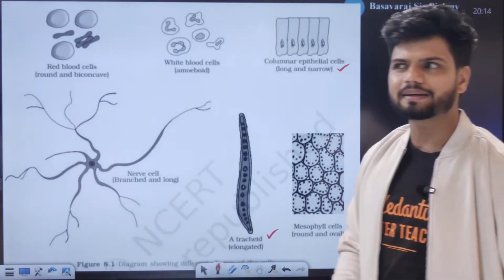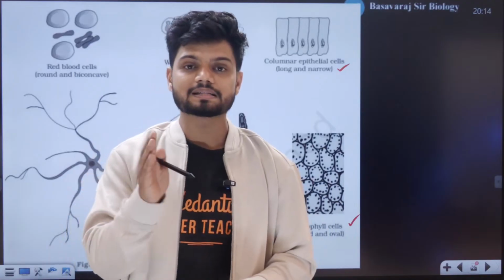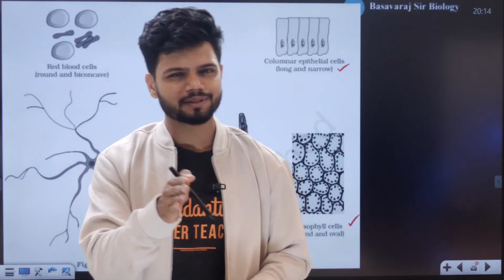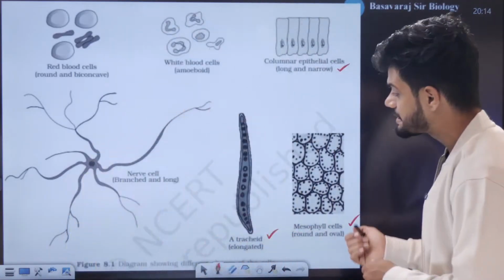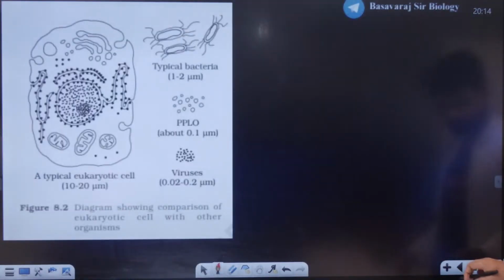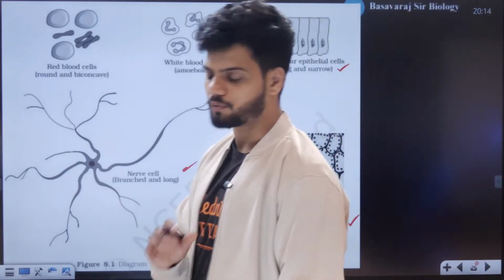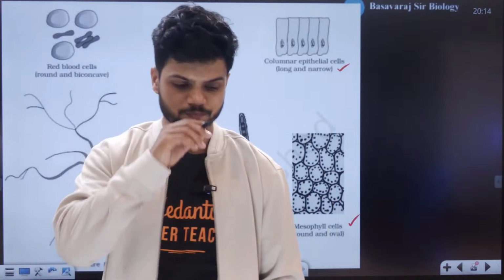Can anyone tell me, are tracheids part of xylem or phloem? Tracheids, xylem, nerve cell, longest cell. A question to all of you. Actually, a very easy question.